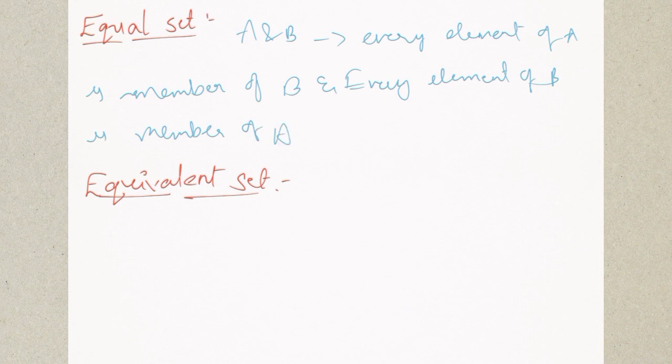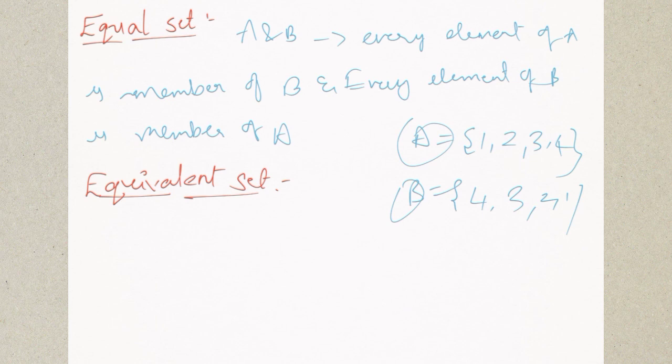So suppose I have set A which is {1, 2, 3, 4} and I have set B which says {4, 3, 2, 1}, is there any difference? Both are same, right? So every element of A is an element of B. So these are called equal sets. In that case we will just write A equal to B. If they are not equal, A is not equal to B. That's it. Same elements should be there.